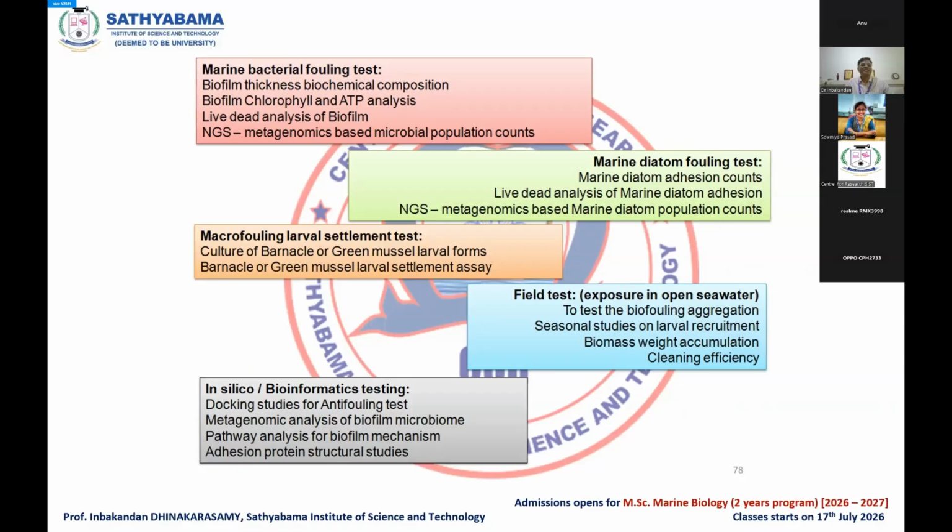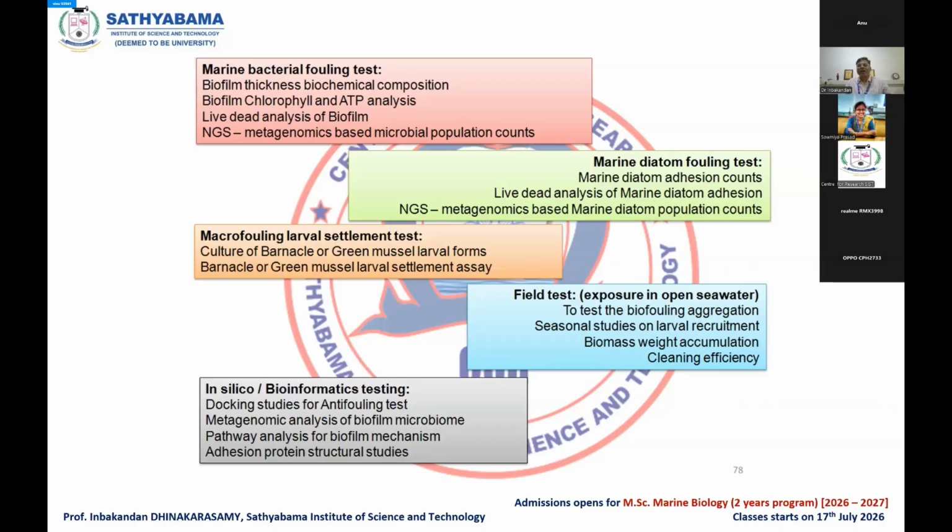And these are all the facilities available at the Center for Ocean Research to do any kind of marine biofouling related research. So we have developed a marine bacterial fouling test, we do biofilm thickness, biochemical composition, biofilm chlorophyll, as well as ATP analysis, live dead analysis of biofilm, and next generation sequencing based metagenomic analysis of microfouling.